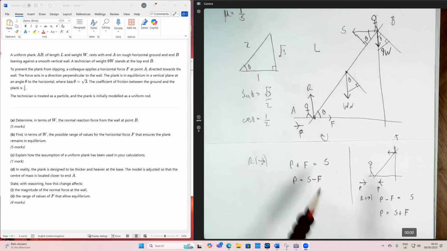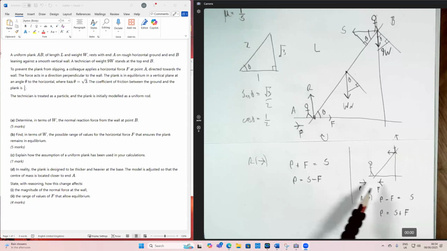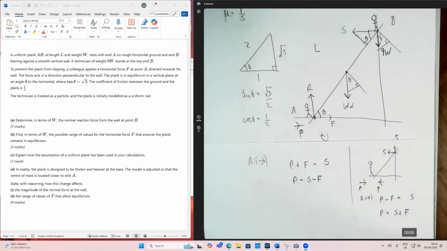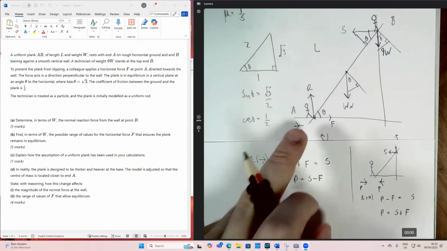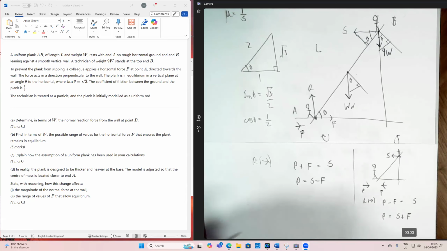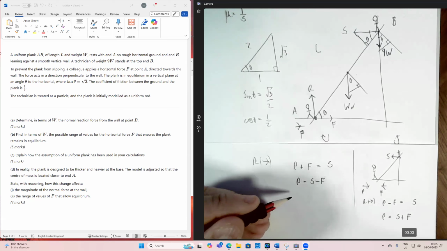Okay, so we now have in this situation P minus F is equal to this reaction force S. Nothing's moved except that this force has increased and the friction has reversed direction. And that really is the crux of this particular part of the question. Okay, all right, so let's have a look and see what we've got here.